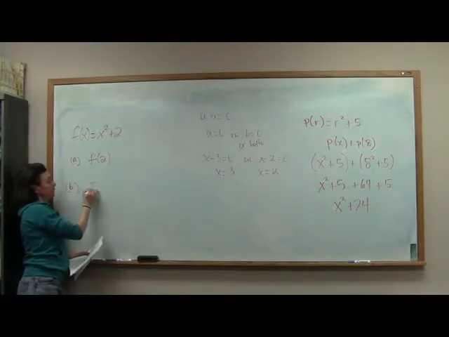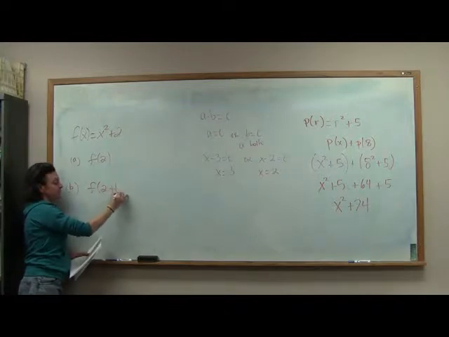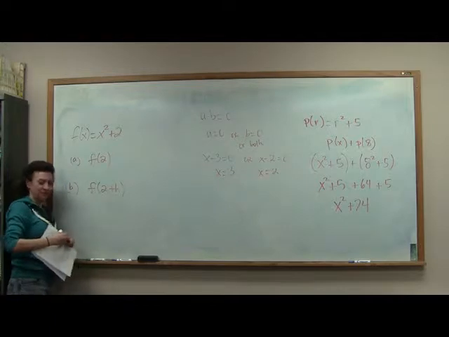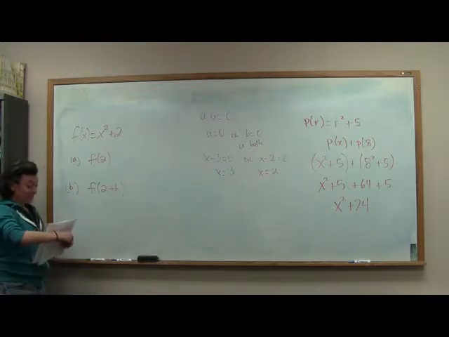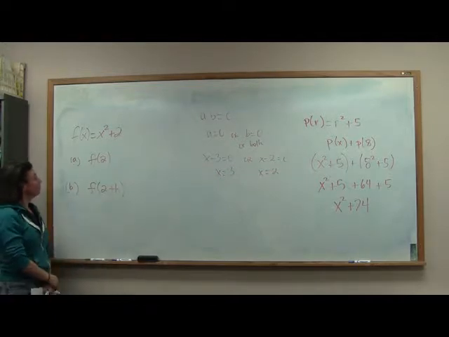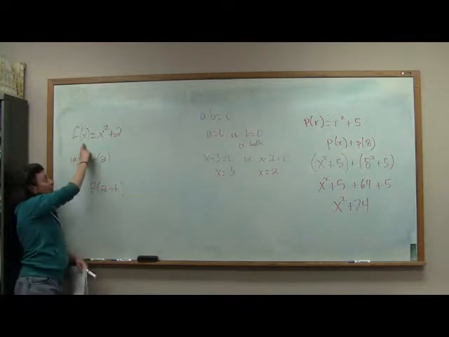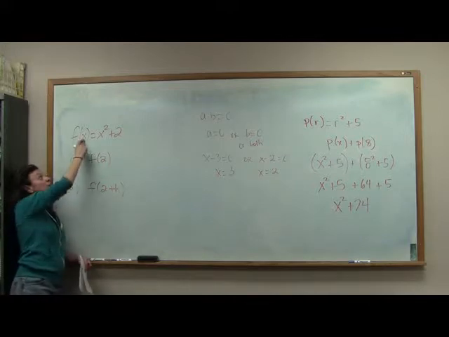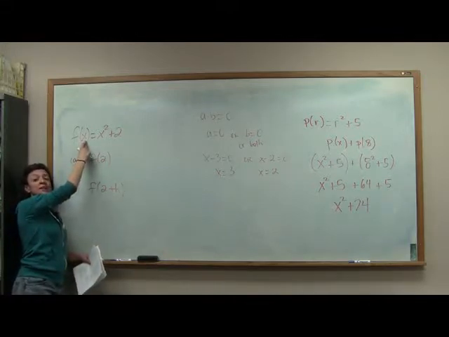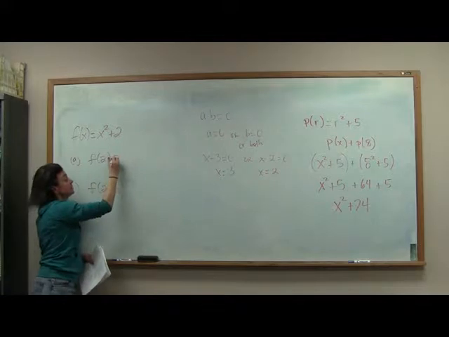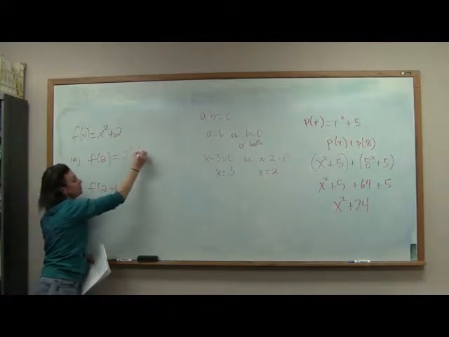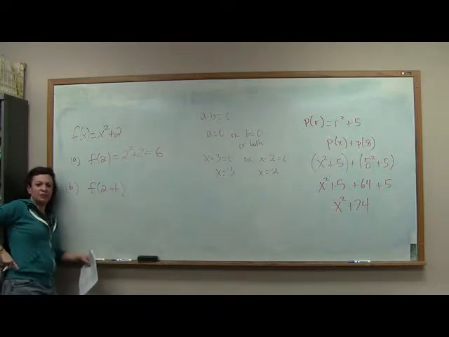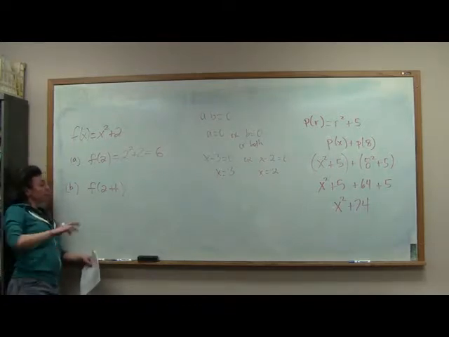For part B, we're going to find f of 2 plus h. Let's start there. There's parts C and D. Okay? But let's start here. If this is the way my function is defined and we want to find f of 2, what it means is everywhere where we see an x in our function f, we're going to plug in 2. So we get 2 squared plus 2, which is 6. That was pretty chill.